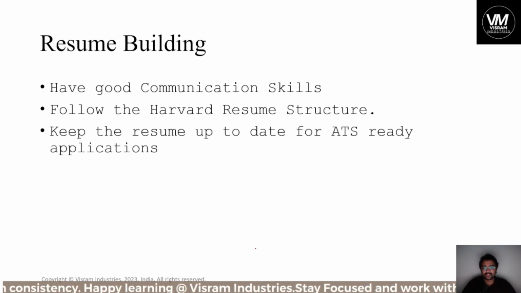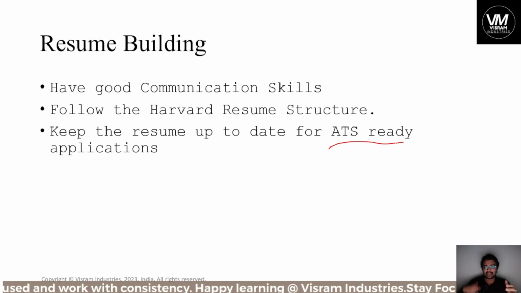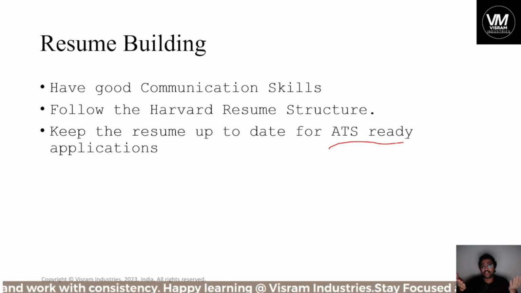And keep the resume up to date and ATS ready. Applicant tracking system is the new thing, where you should be familiar enough that ATS is an AI which scans your resume and searches for keywords, acting like search engine optimization to look for the appropriate skills aligning your resume with the job description.